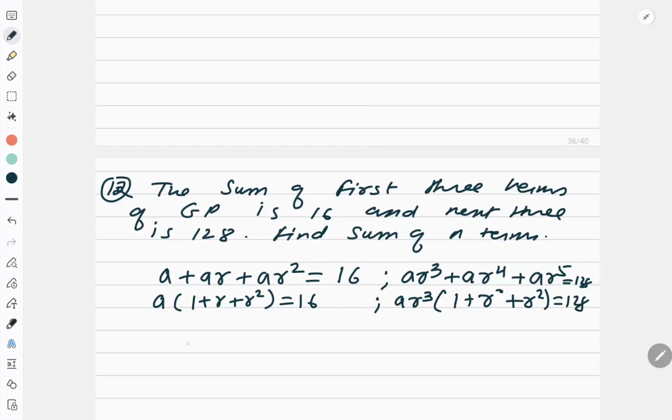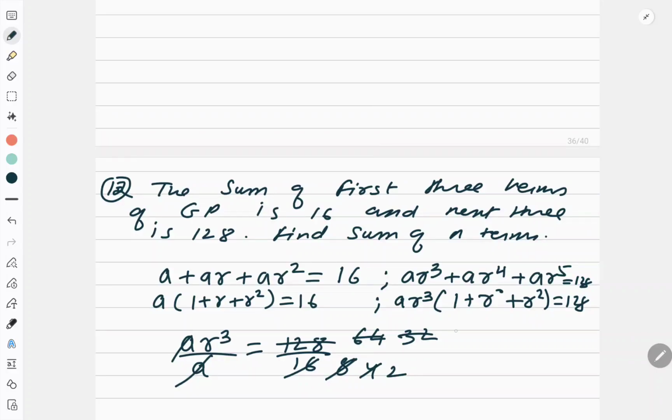Can I divide these two? So AR cube upon A is equal to 128 upon 16. A also gone. Now this is 2 8s are 16, then 2 4s are 8, 2 2s are 4, 2 1s are 2.